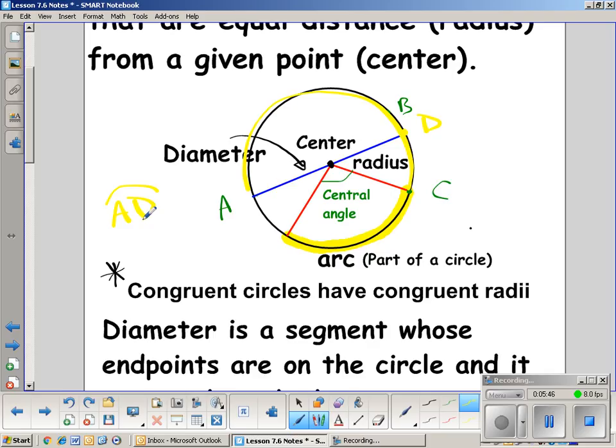Its endpoints are also the endpoints of the diameter AD. Now, I don't need three letters there because it doesn't matter which way I go. The arc is still half the arc. Okay? But it doesn't hurt. If you want to put 3 in, go ahead and put 3 in.